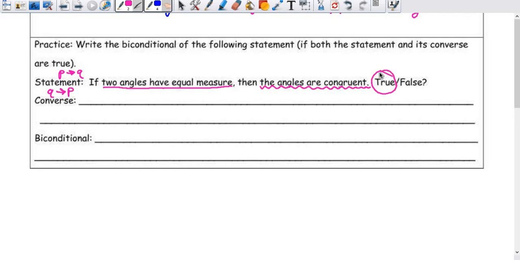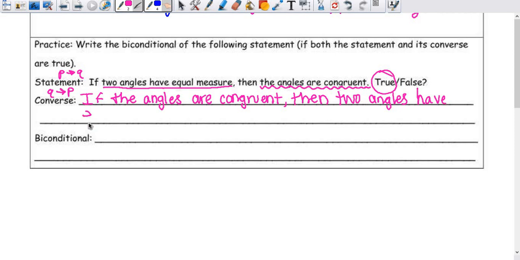So now let's write that converse again. Converses and conditionals still have the if and the then. We're just switching the order. So if the angles are congruent, then two angles have equal measure.